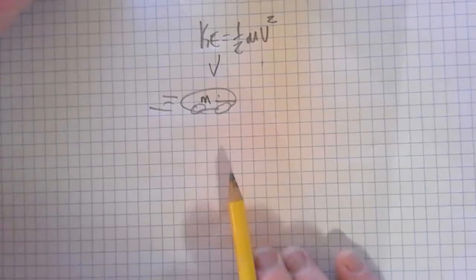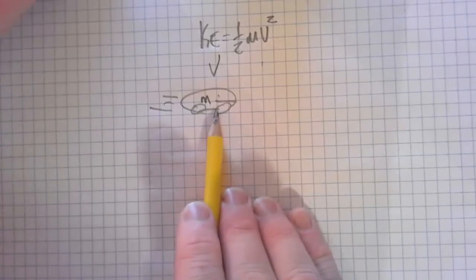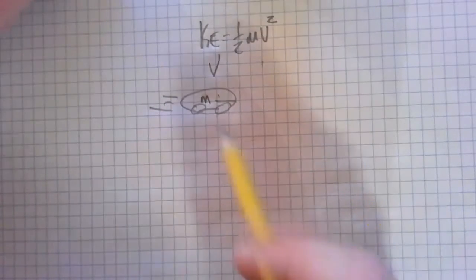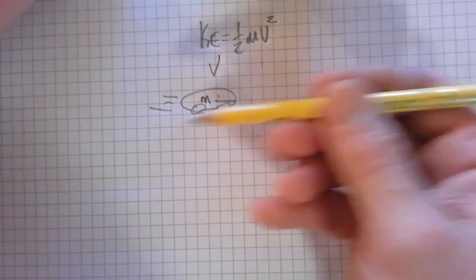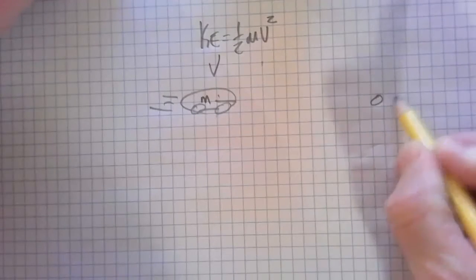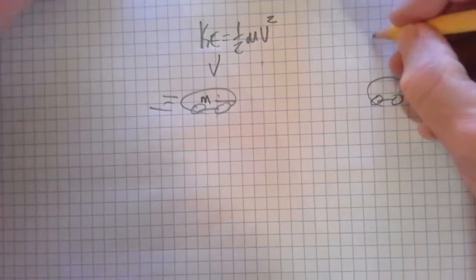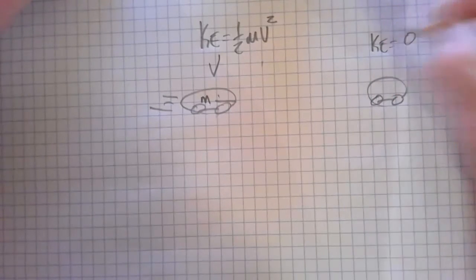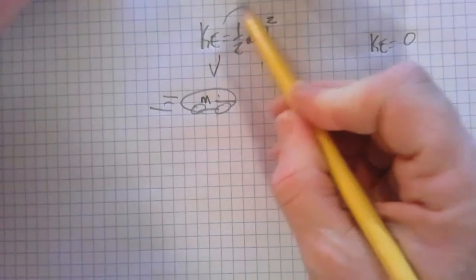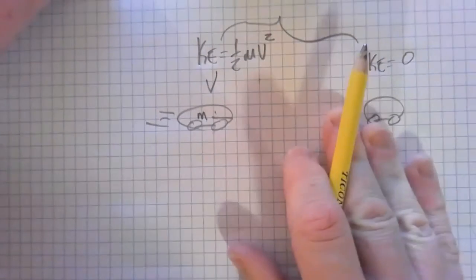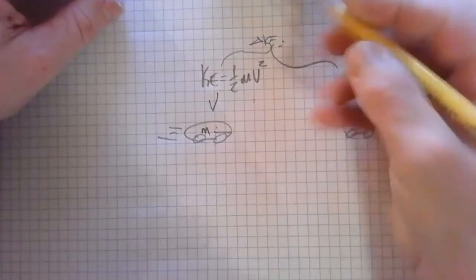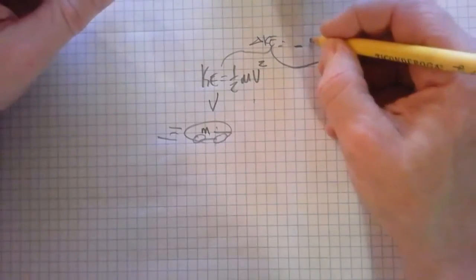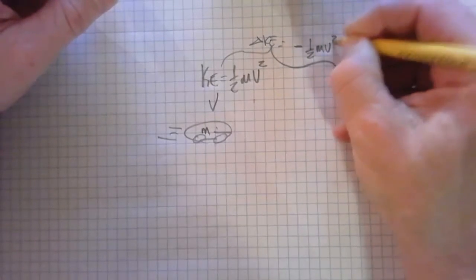It slams on its brakes. Friction is the force that opposes the motion, so friction points this way and slows the car down until it stops, where its kinetic energy is obviously 0, giving us a change in kinetic energy of negative 1/2 mv squared.